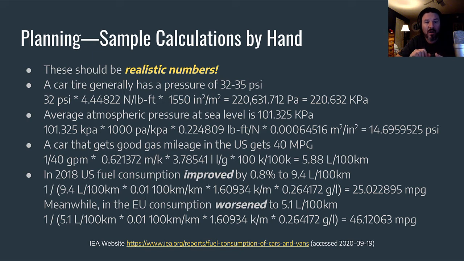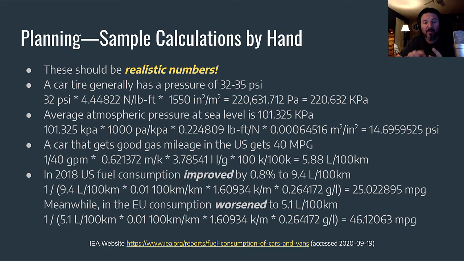A car that gets good gas mileage in the United States gets 40 miles to the gallon. So in this case, since the answer is in liters per 100 kilometers, the relationship is inverted, right? In US units, miles per gallon puts the miles on top, and in the European units, liters per 100 kilometers puts the volume of fuel on top.